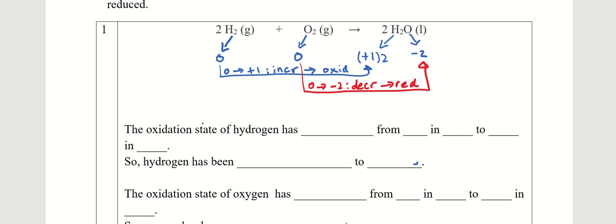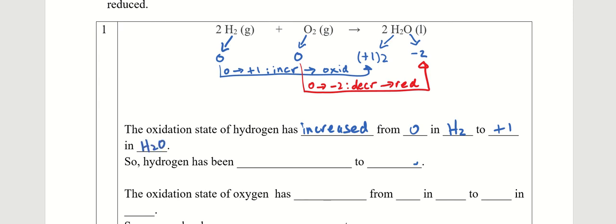So now let us focus on hydrogen first. We can say that the oxidation state of hydrogen has increased from 0 in H2, which we can see here. It was 0 when it was in hydrogen, the element form, and it has increased to +1 in water.